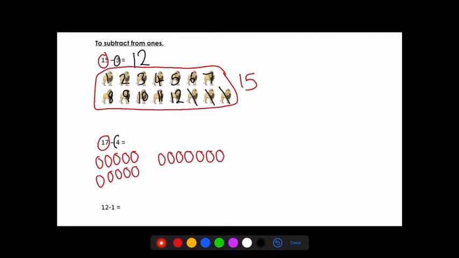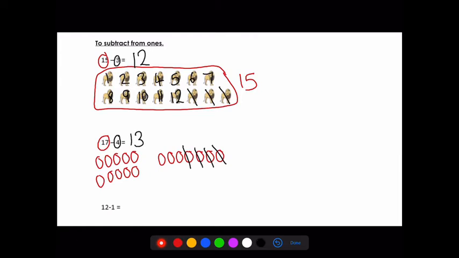Now we need to cross out 4 circles because we're subtracting 4 from 17. 1, 2, 3, 4. Now it's your turn to count how many are left. Fantastic, there are 13 circles remaining, which means 17 subtract 4 equals 13.